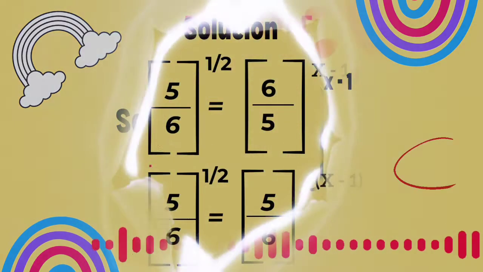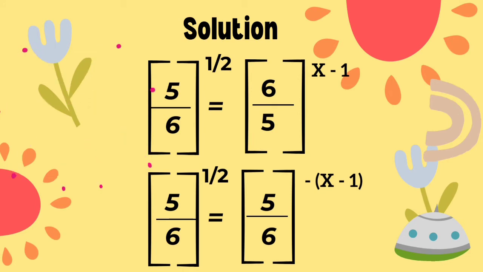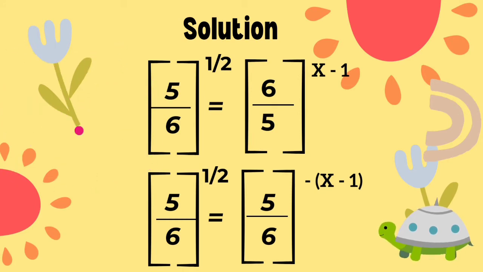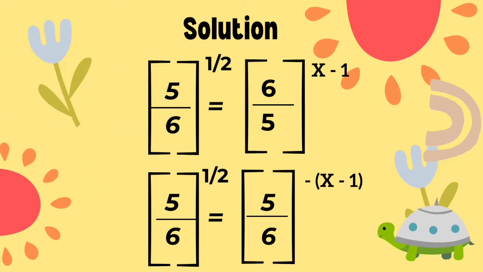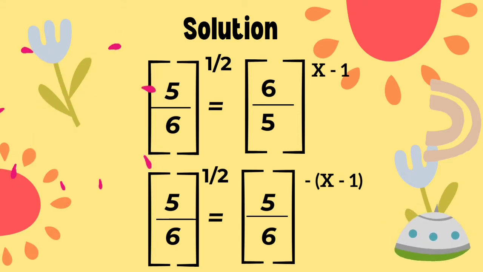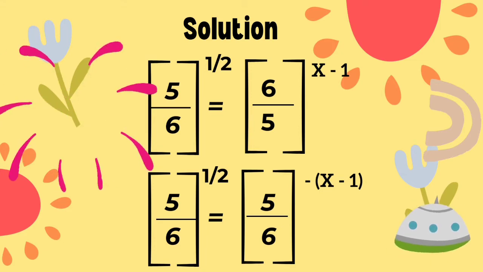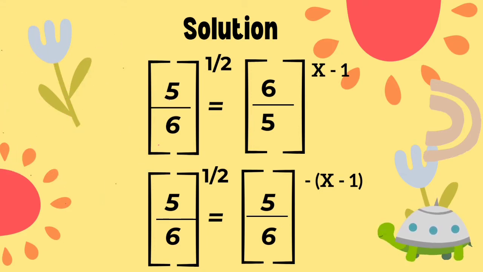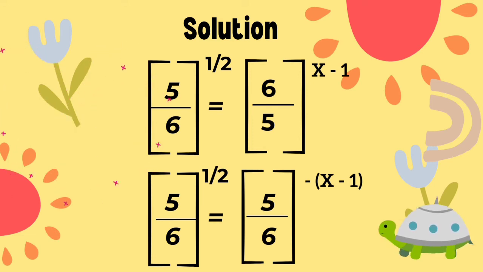To make the bases the same, you swap the right hand side of the equation. 6 over 5 will become 5 over 6. When you swap the numerator with the denominator, then you introduce a minus sign in the power. So you will be having 5 over 6 raised to power 1 over 2 being equal to 5 over 6 raised to power minus bracket x minus 1.